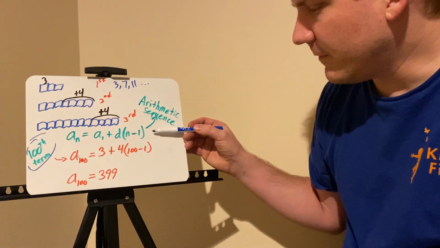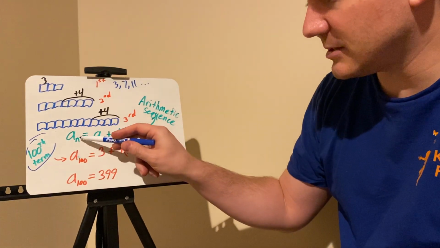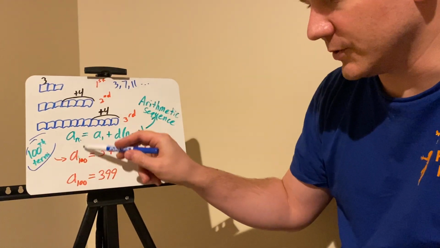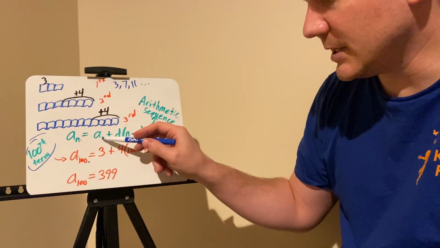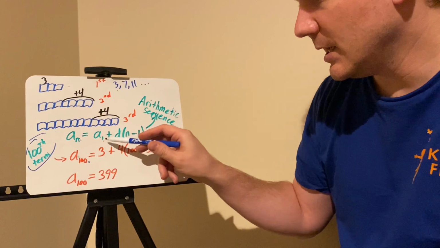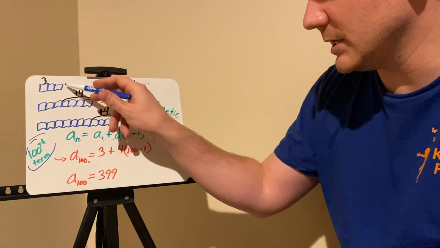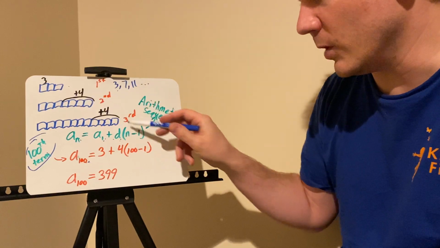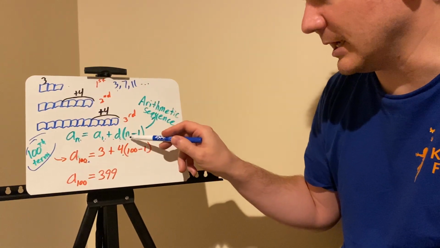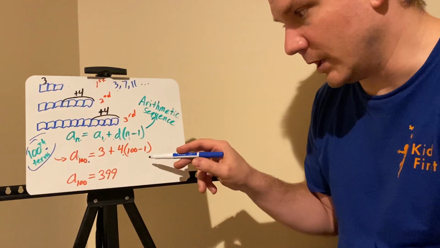Here is a formula to find an arithmetic sequence. You would say the a sub nth term, which in this case would be 100. So we'll say a100 is going to equal the a sub 1 or first term, which in our case is 3, plus d. D is the difference. What's the difference between each term? It is 4. So we do 4 times n, the number term you want to find, 100, minus 1.